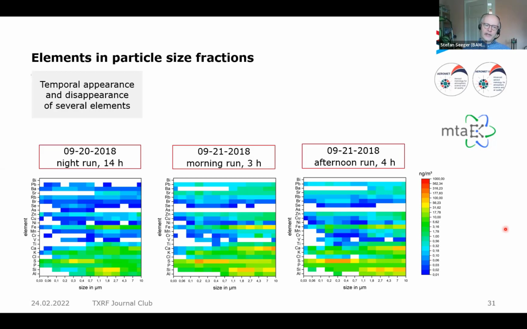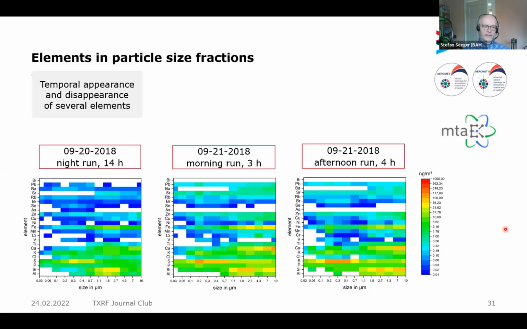And if we now compare the runs, such as the night run over 14 hours on the 20th of September in 2018 with the morning run and the afternoon run of the day after, you may see that the elemental fingerprint of the aerosol slightly changes.